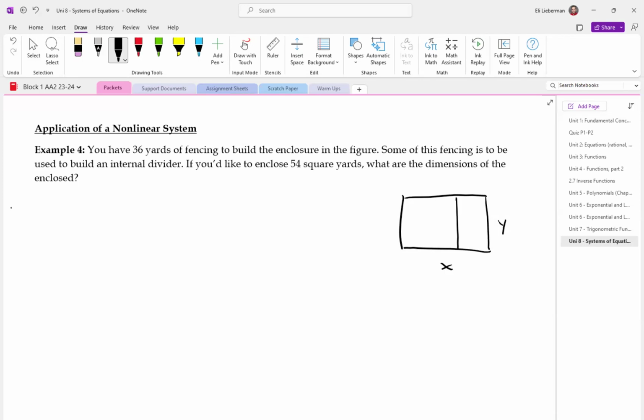Let's see if you could already make the equations. Read it, discuss with your neighbor. Some equations you could write here.